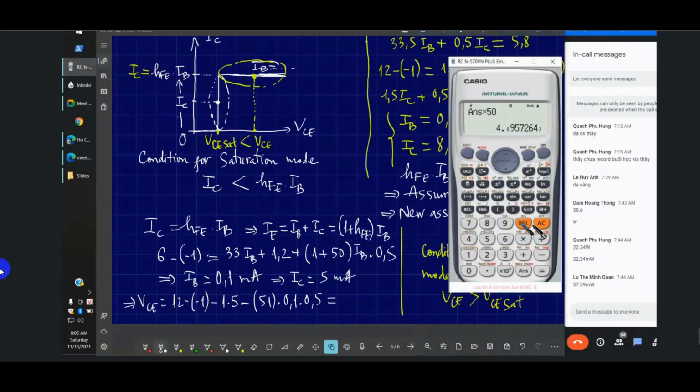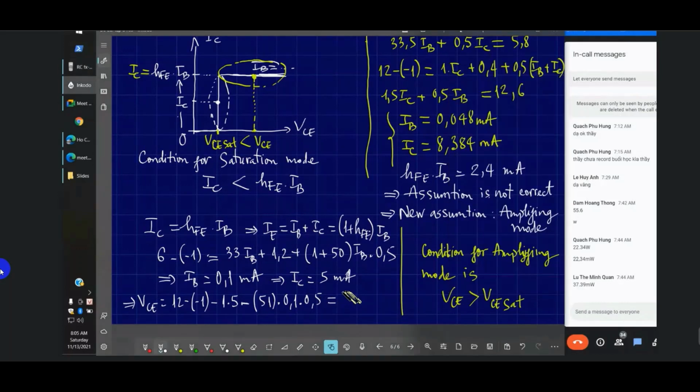So let me check it. 12 minus 1 is minus, plus 1. And then minus 5, and then minus 51 multiplied with 0.1 multiplied with 0.5. Okay, and then we got 5.45 volt.